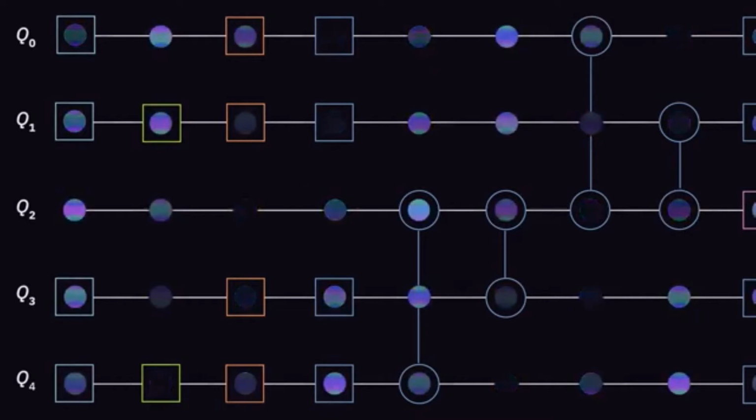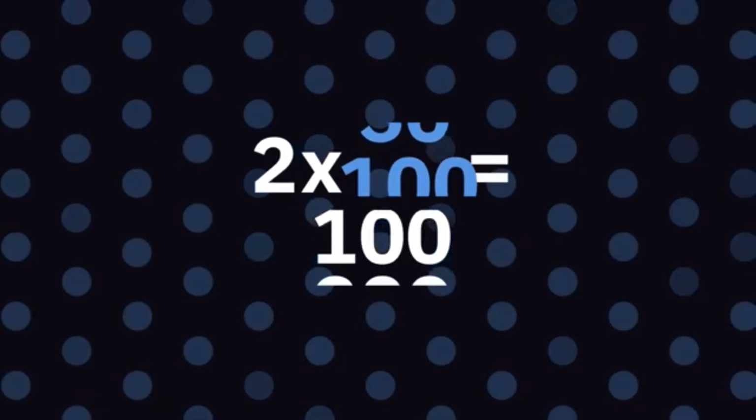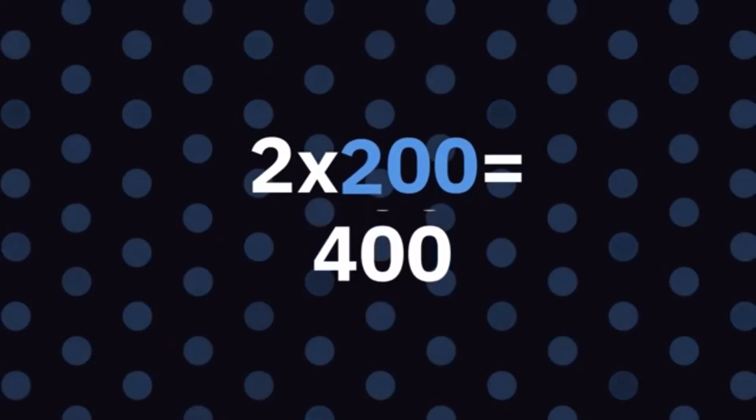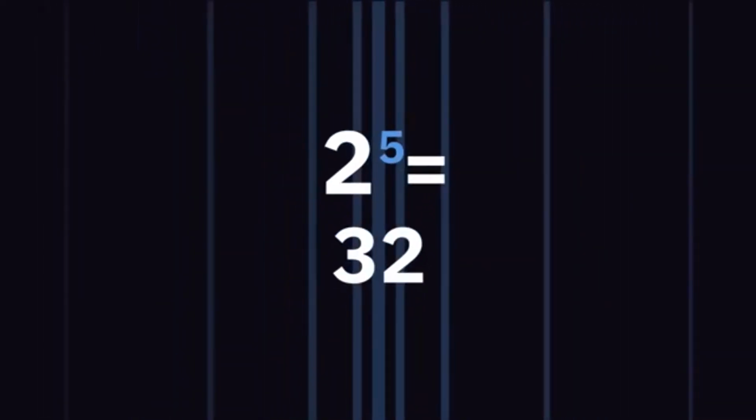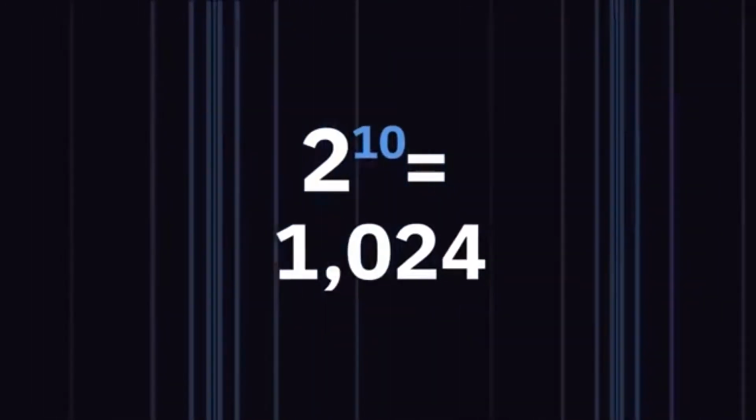To illustrate how this makes quantum computers more powerful, let's look at some numbers. Take a classical n-bit computer, with n representing the number of bits. It can represent and examine only one system state at a time. An n-qubit computer, however, would have the power to represent 2 to the power of n system states and perform parallel operations on all those states at once.